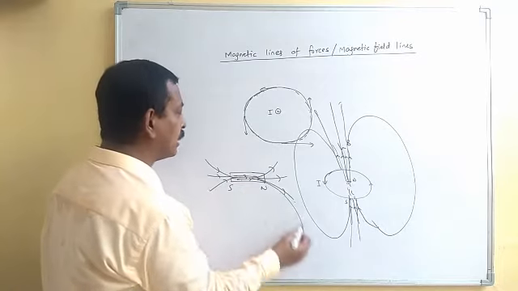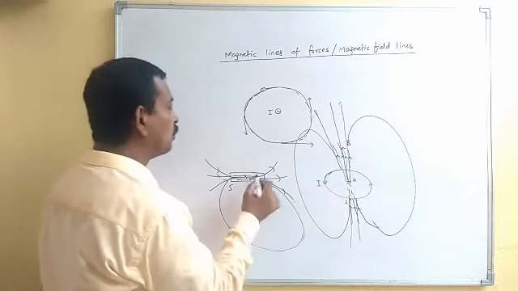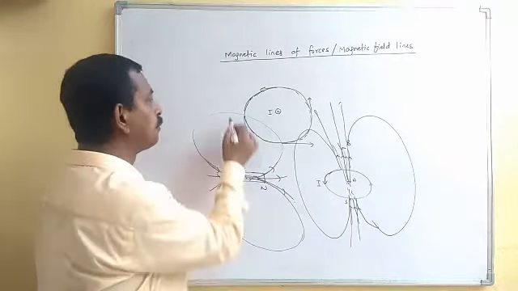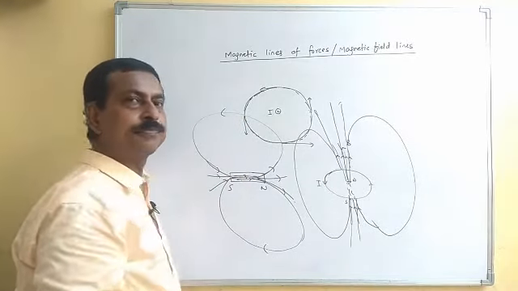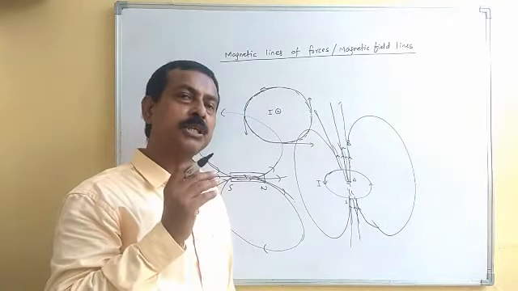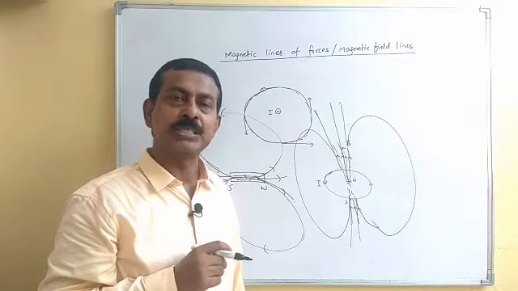Some will be going and coming back. So this will be the representation of the magnetic lines of forces.